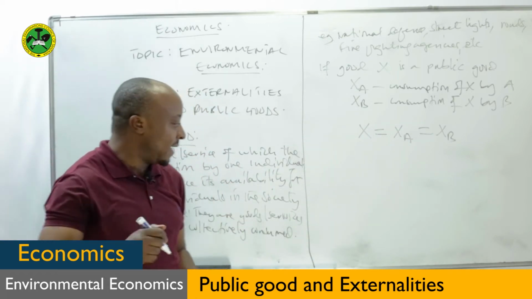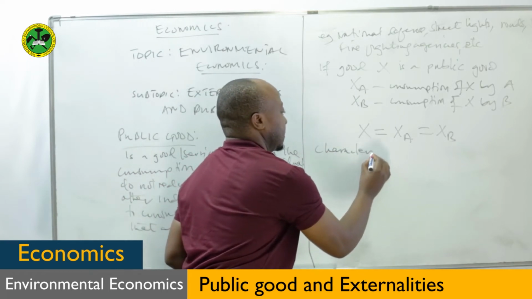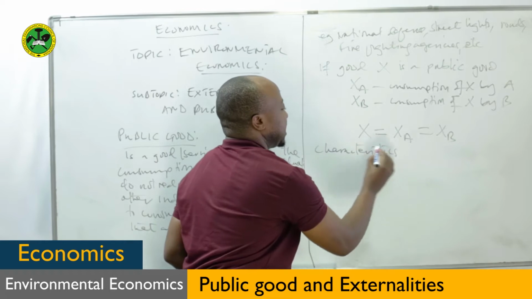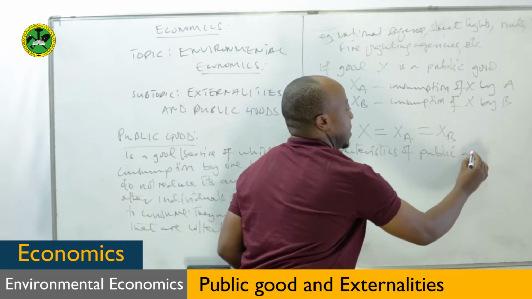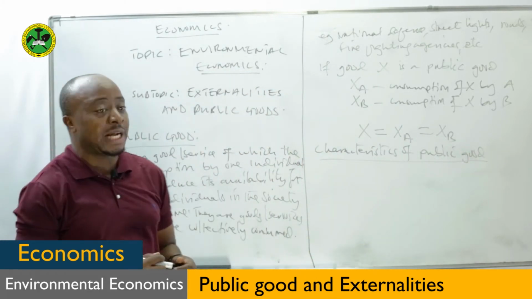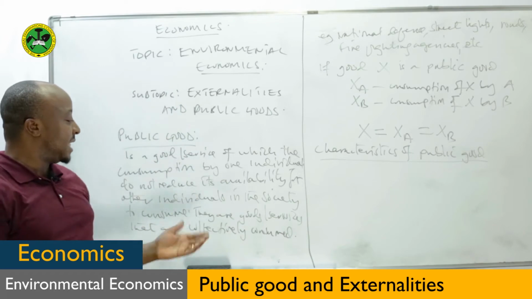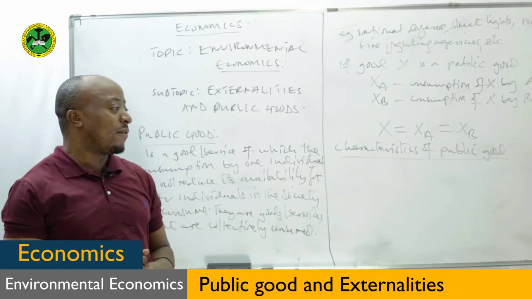Now, having that one, let's check the characteristics of public goods. A public good must possess the following characteristics. Though some we have discussed in the definition, for a pure public good, it should have the following characteristics.